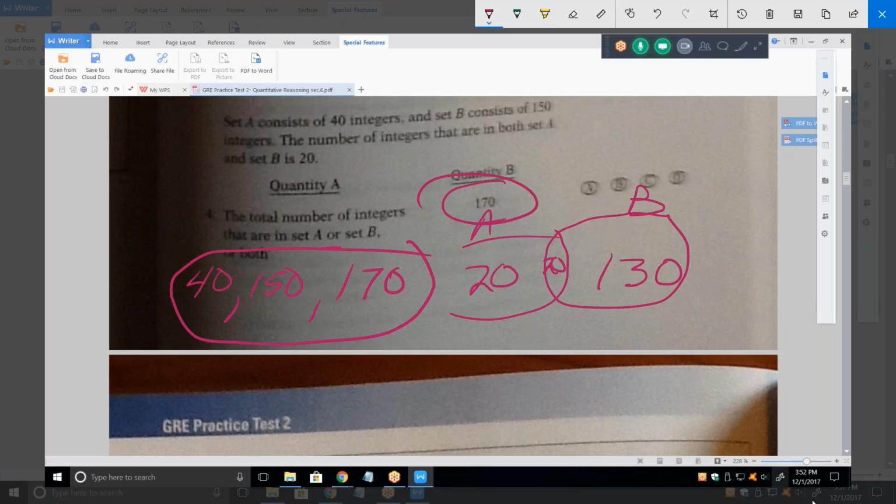And I'm pretty sure. Like I said, if they really wanted the answer to be C, they should have said the max. The max of the total number of integers that are in set A or set B or both. And then that would have meant 170. But the way they've worded it, it seems like there are three possible answers on the left side.